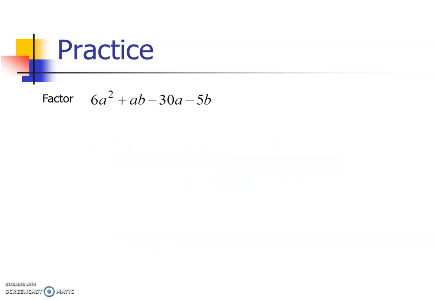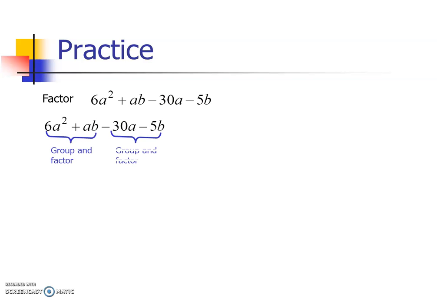Here's another one. This one is a little different because we have a couple of letters in there, but same deal, you pair them up, the first pair and the second pair. Look for a GCF that comes out of both of them. So coming out of the 6a squared plus ab, I'm going to wind up with a times 6a plus b. Coming out of the 30a minus 5b, I'm going to wind up with negative 5 times 6a minus b.